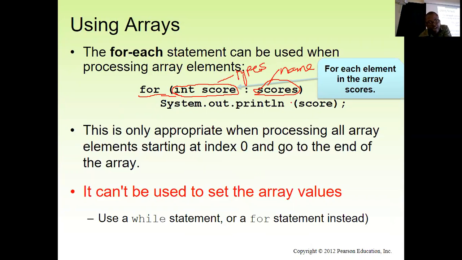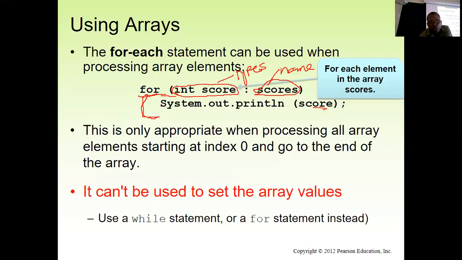So it goes through the array called scores, item by item, right? Starting at 0. So it opens up scores and takes the first item and copies it into this variable here. Everybody see that? So that it is now available in the body of the for loop.